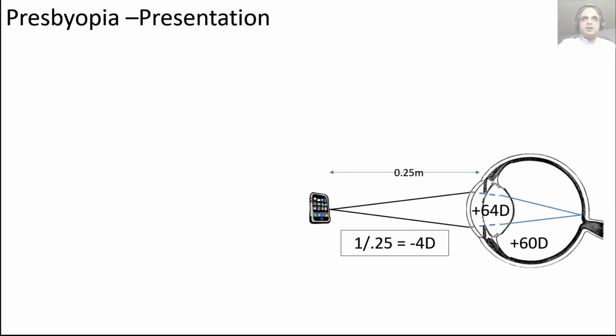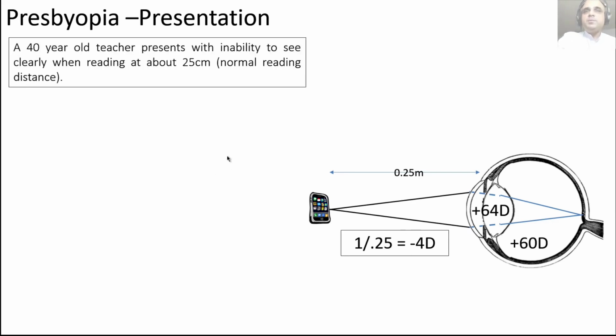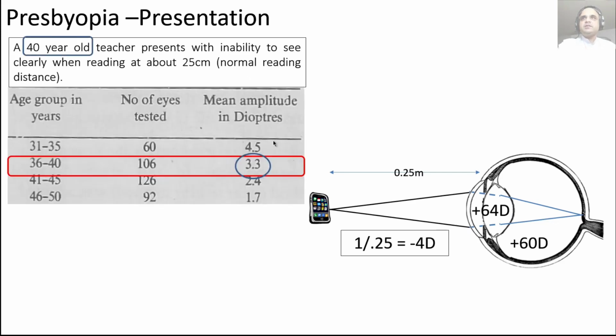So the problem would be, take this 40-year-old school teacher who says he or she can't see clearly at 25 centimeters. Obviously, she or he is not going to say 25 centimeters. They will say they can't see for near, which is usually considered to be 25 centimeters. So this was the circle that I showed you before as blue. Now it's in red.